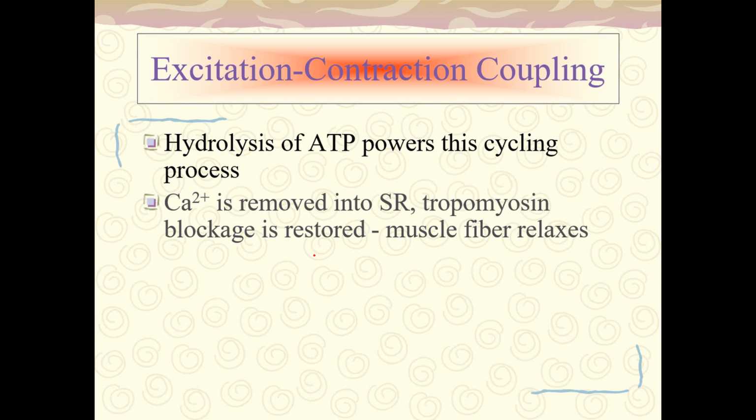One, this calcium has to be actively transported back into the SR. Once it does, troponin goes back to its original conformation, tropomyosin goes back to blocking those active sites on actin, and the muscle fiber relaxes.